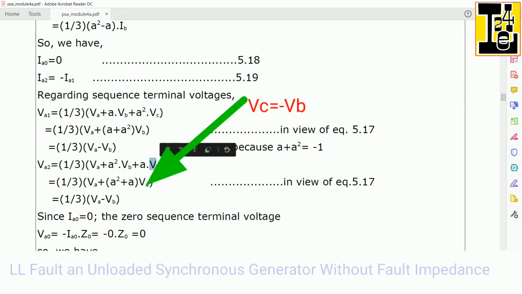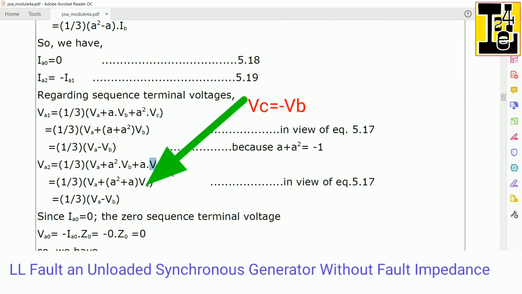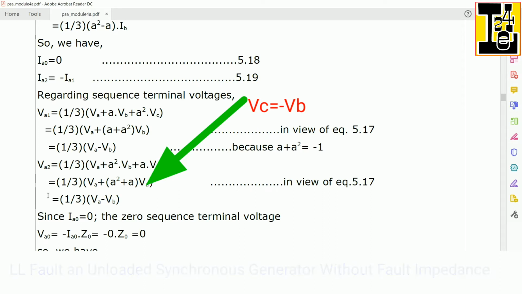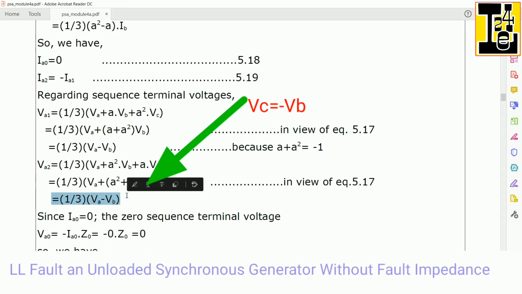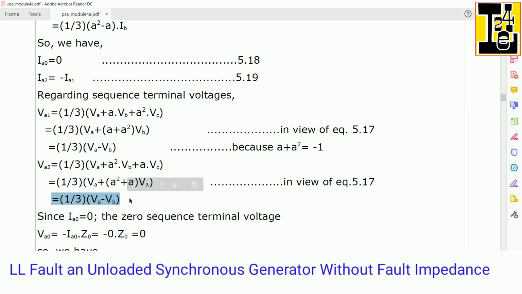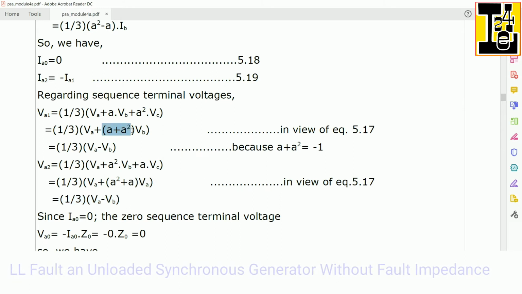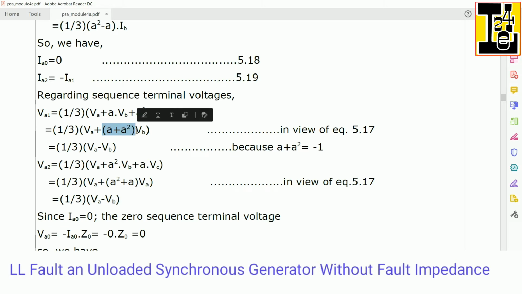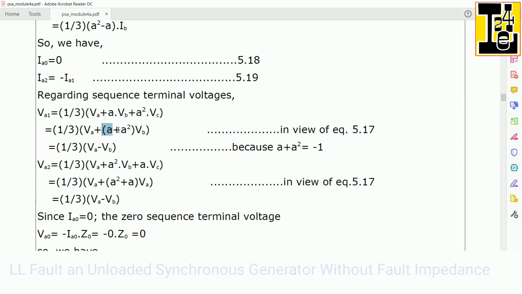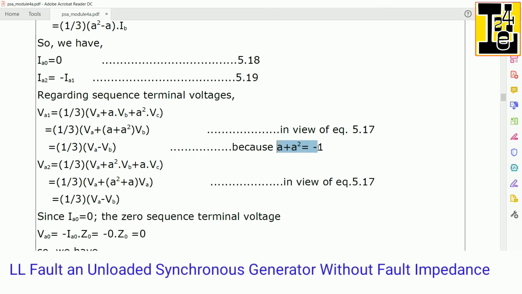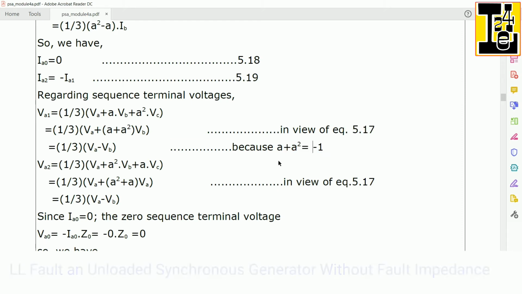Substituting for VC as VB, we can write VA2 is equal to 1 by 3 into bracket VA minus VB. While doing the substitution, when you take VB as common, the remaining inside is A plus A square, where A plus A square is minus 1. You need to remember this from studying the A operator.